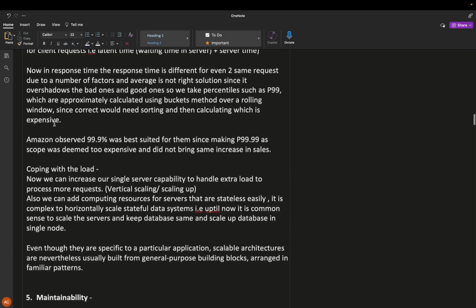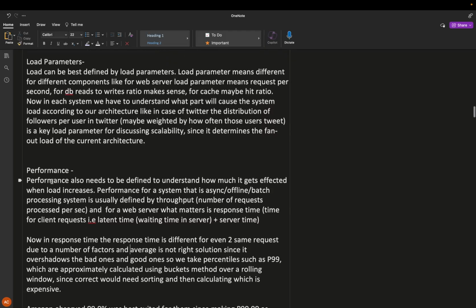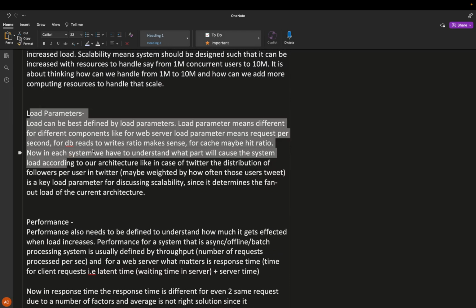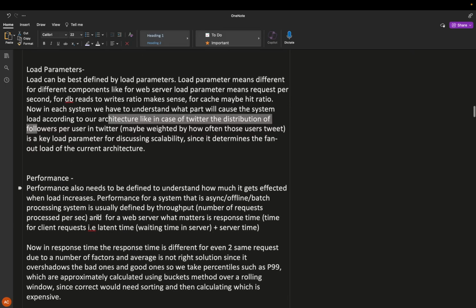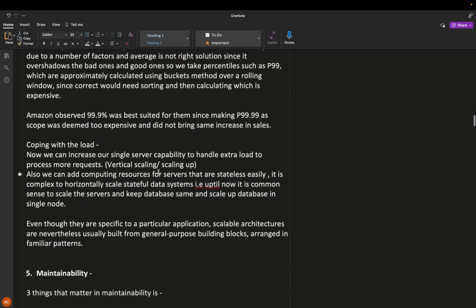Now we have defined the load, and we have defined the performance. What we want to do is, as we increase the load, see how much our performance is impacted with the current system. We are going to see that our performance decreases as we increase the load.